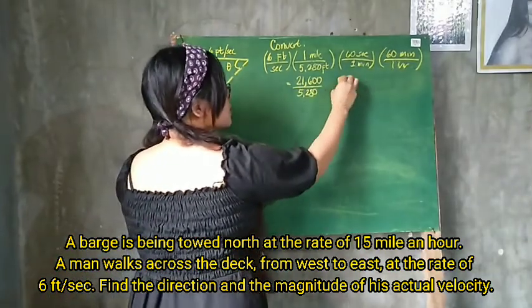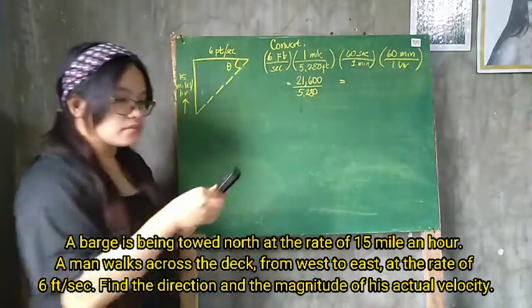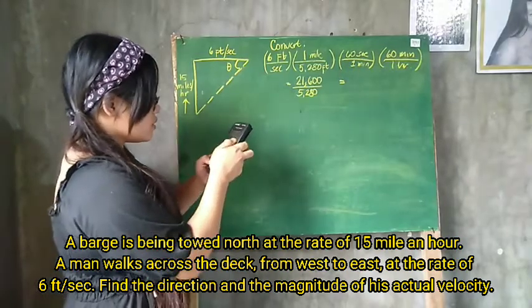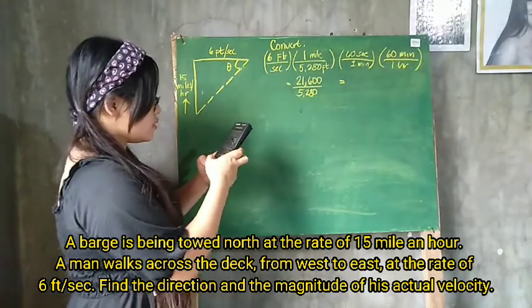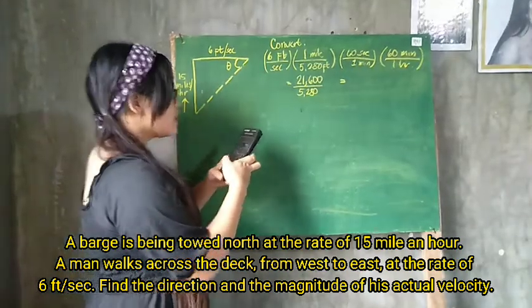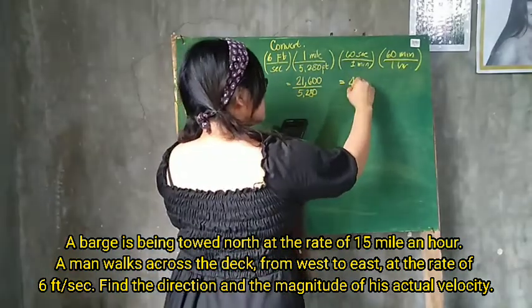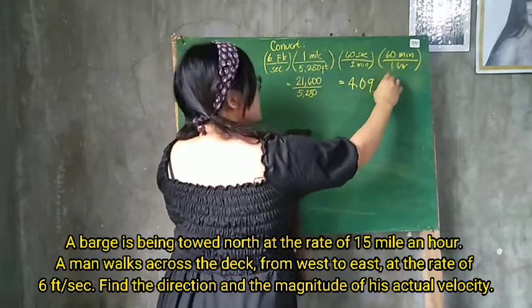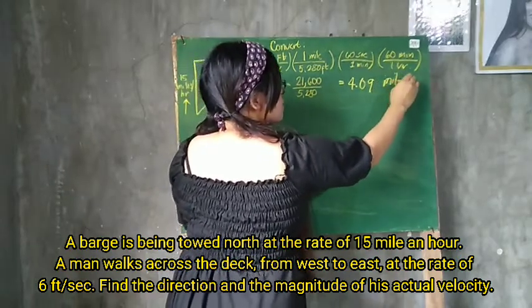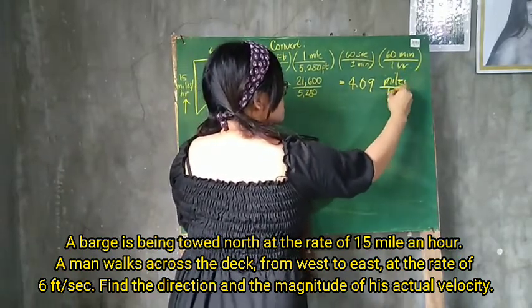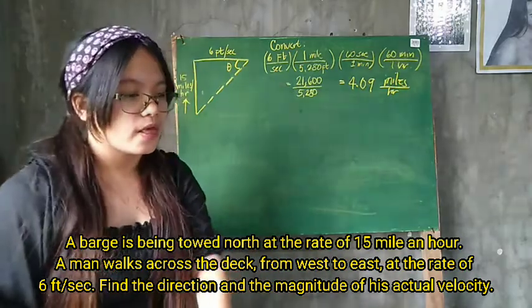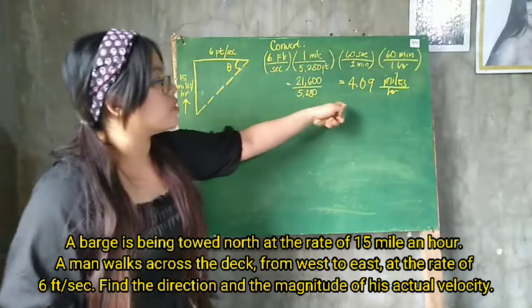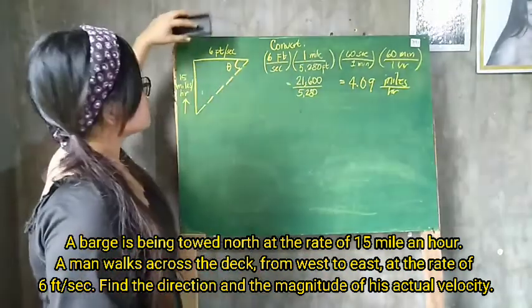Then let's divide and we will get 4.09 miles per hour. So instead of 6 feet per second, we will be using 4.09 miles per hour.